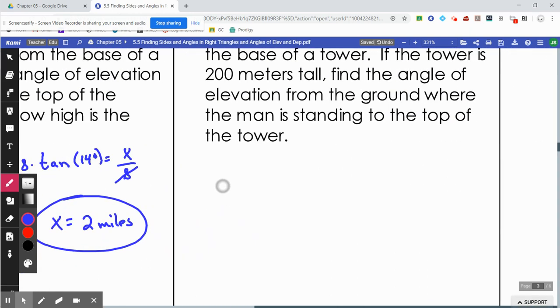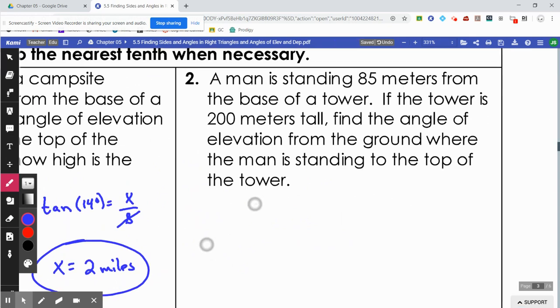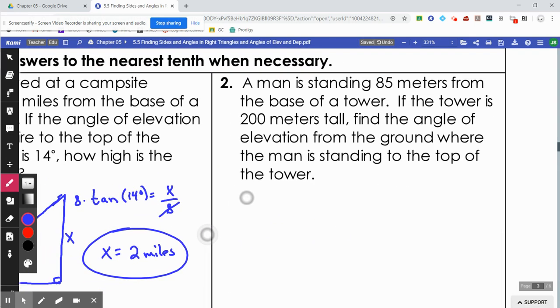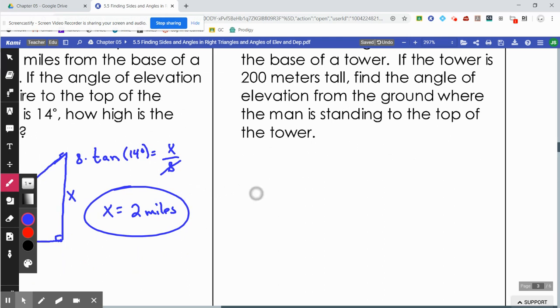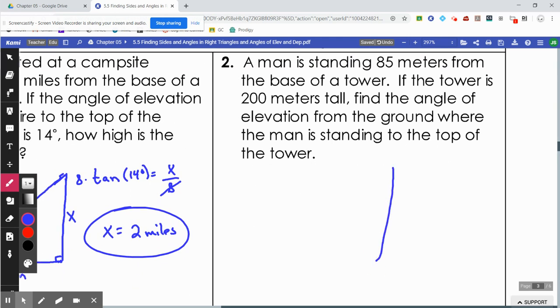Number 2. It says a man is standing 85 meters from the base of a tower. So again, I always just draw vertical lines for towers or whatever we're talking about. Spin this around. So the man is standing here 85 meters from the base of the tower.